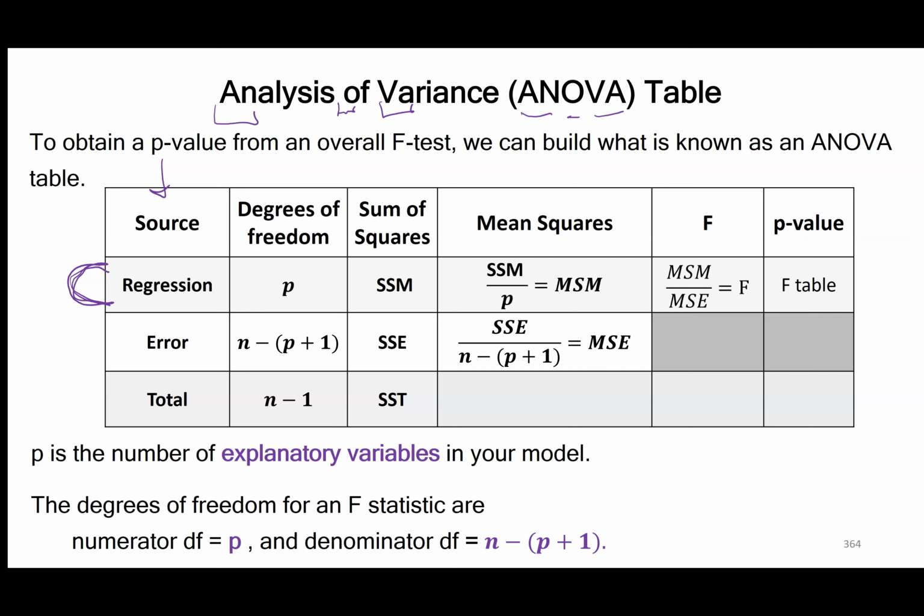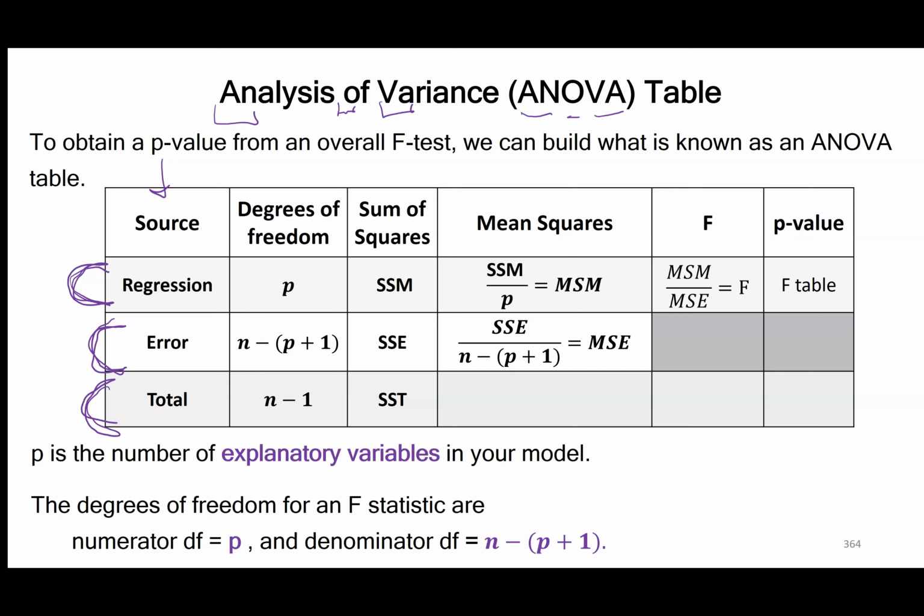This is what's explained by, specifically, our model, so the explanatory variables. What do the explanatory variables help explain? Error. So this is saying what's left over, what's not explained by the model. And then total.